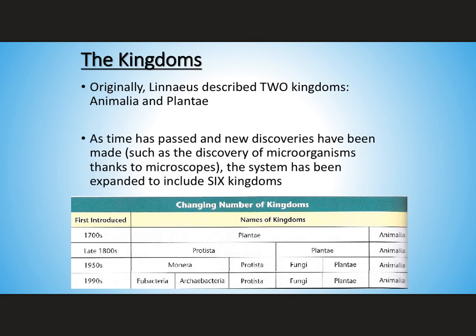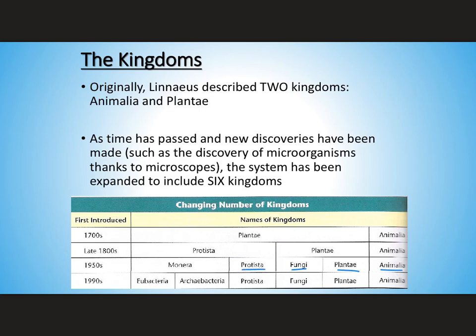Now then, fast forward quite a bit, in the 1950s they realized a couple different things. One, a lot of the things that scientists thought were plants were actually not plants at all. They were fungi. And so they separated the plant kingdom into two different things, plants and fungi, and left the animal kingdom alone. But then they also, with much more advanced technology, were able to realize that not all microorganisms are the same either.